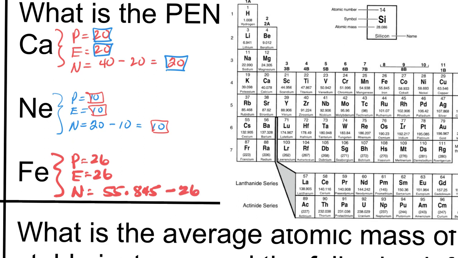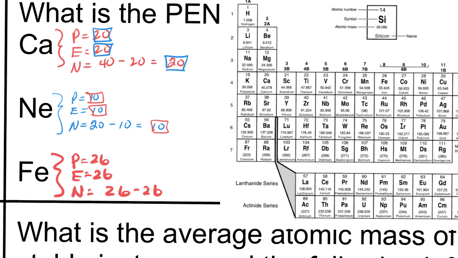Now, we want to make sure that we take this number here, the 55.845, and round that to the nearest whole number. If I do that, this number rounds up to a 56. And so the answer here would be 56 minus the 26. That's the part that we want to make sure that we do. I'm going to go ahead and write this a little bit cleaner here. Minus the 26.